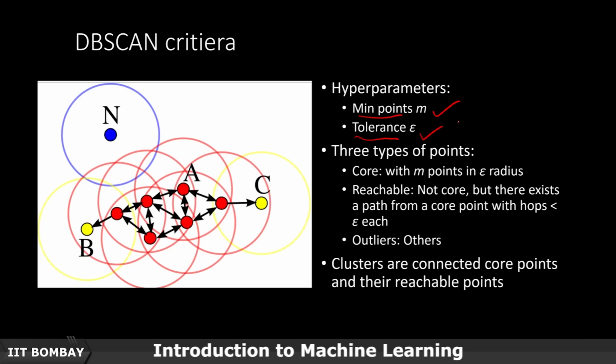First, based on these two hyperparameters, we will define three types of points. We have core points, these are points in the high density region. If we pick any point, let us use a different color so that it is visible.